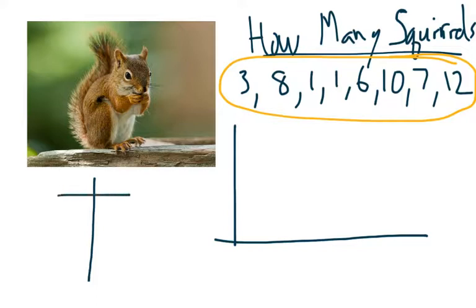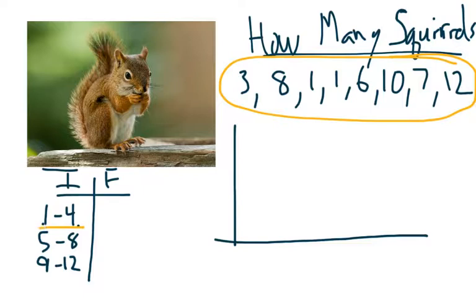I'm going to have my intervals, which I'll abbreviate as I, being from 1 to 4, 5 to 8, and 9 to 12. So how many days did I see, and this is where frequency comes into play, 1 to 4 squirrels? Let's do some color coding.